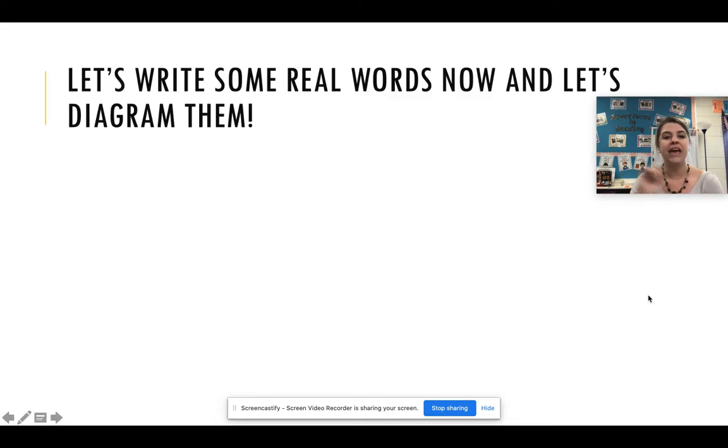Now, we are going to have a chance to write some real words and diagram them. Actually, today I think we're just going to write them. So here we go. We know that today we're adding S to words to make them plural. So go ahead and drop that into your brain. We're going to be adding S to these words. Here we go. Are you ready?